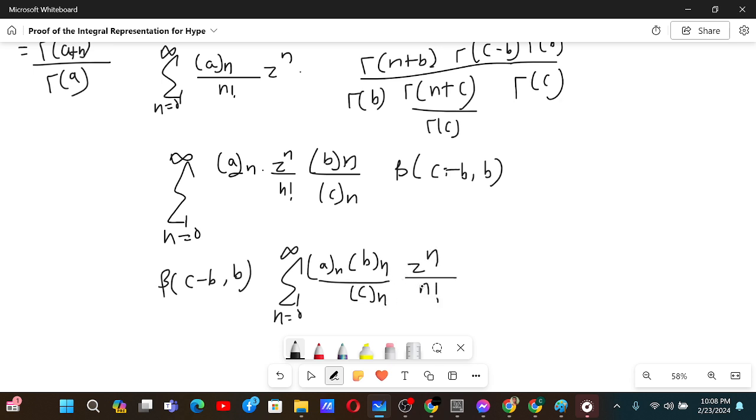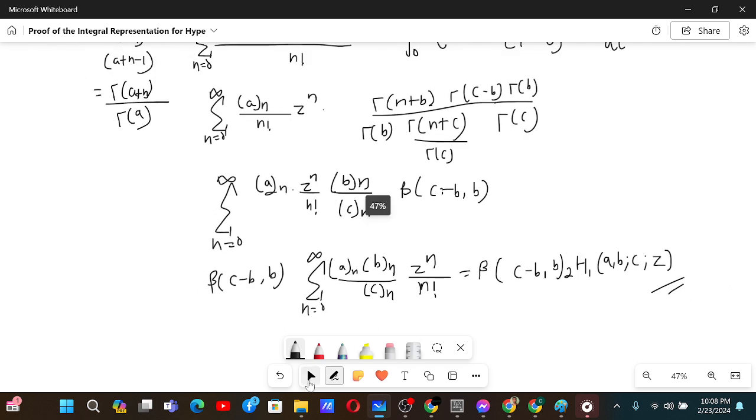And this is exactly the definition of the ordinary hypergeometric function for a, b, c, and g. So we can write this as beta of c minus b comma b, times the hypergeometric function of a, b in numerator, c in denominator, and g as the variable.